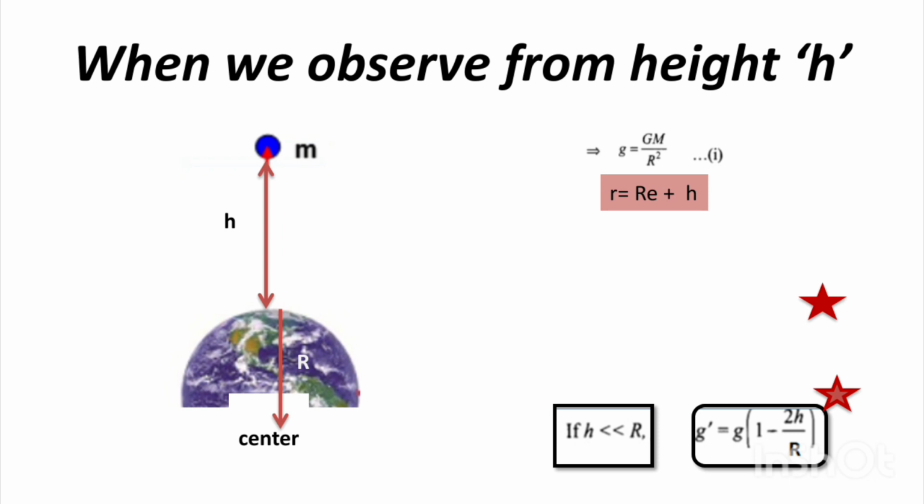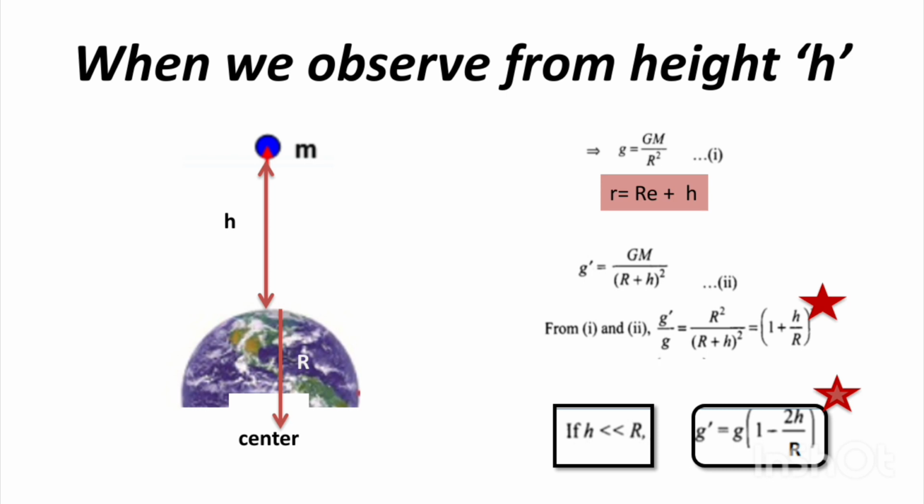After substituting capital R with R plus h, the equation becomes g dash is equal to GM upon (R plus h) whole square. After dividing 1 by 2, you will get g dash upon g is equal to R square upon (R plus h) square, which is equal to (1 plus h by R) whole to the power minus 2. We have discussed this before; you can see my previous lectures.